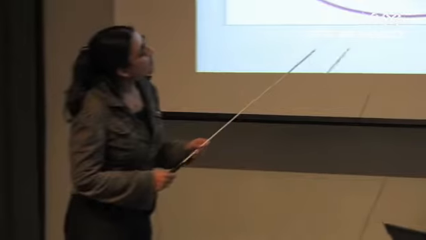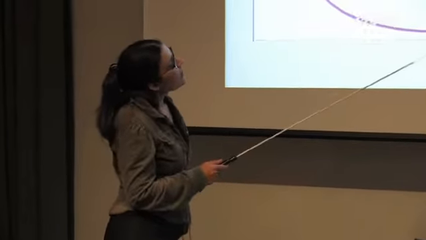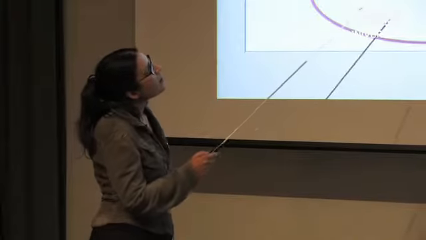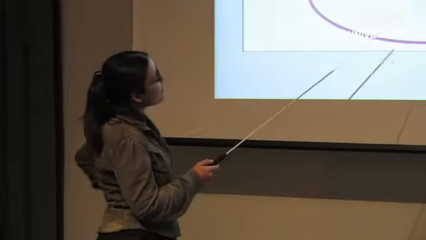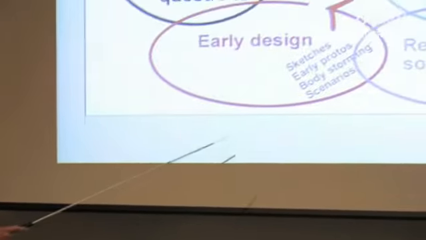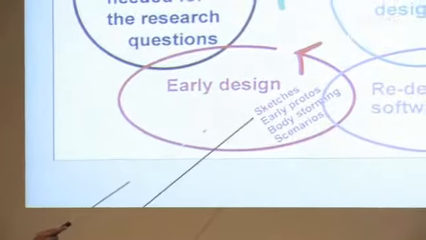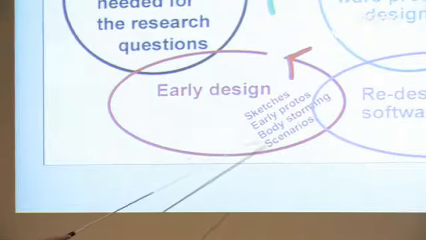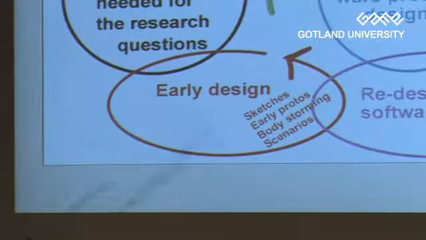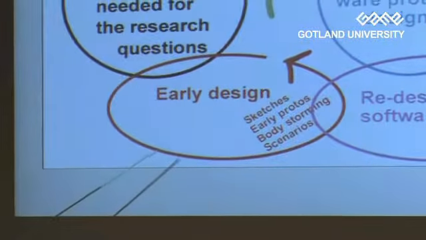So it really needs to start with the research question. When you have the research question, you can start doing the early design. You can do sketches, early software prototyping, body storming. You can have scenarios, game-mastered scenarios in your paper prototypes.